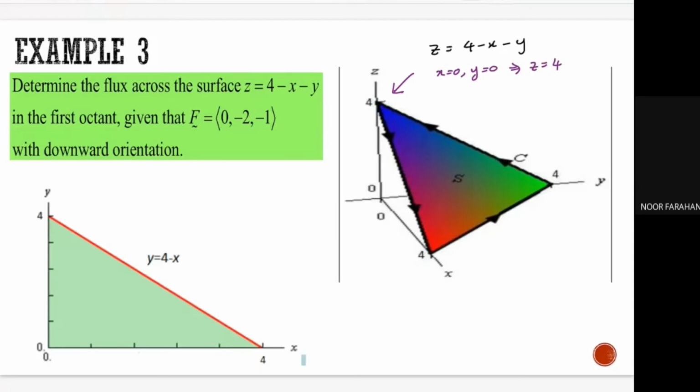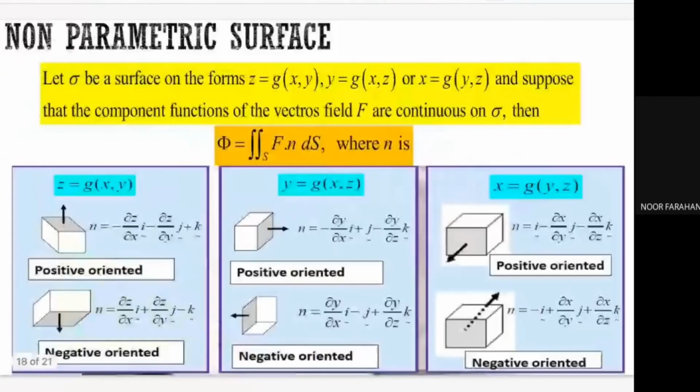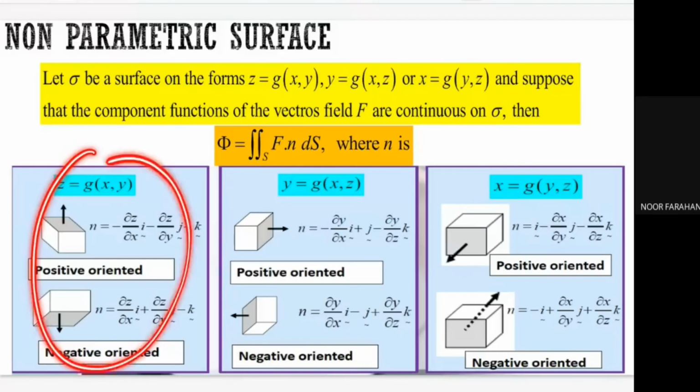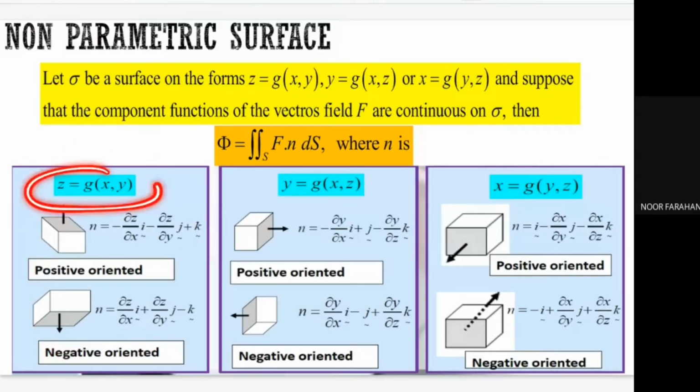So that's how you get this 4. Similarly for this 4 and this 4. Given in the form of z, so you can refer to this part in the form of z, and the downward orientation means the negative orientation.